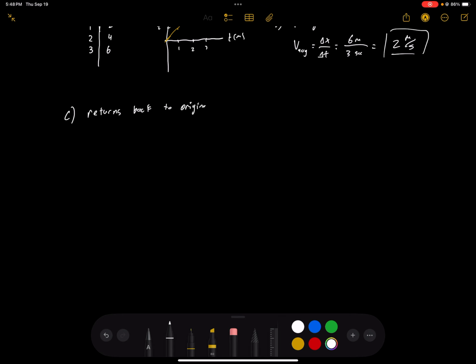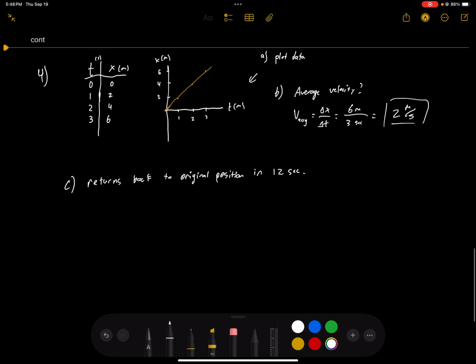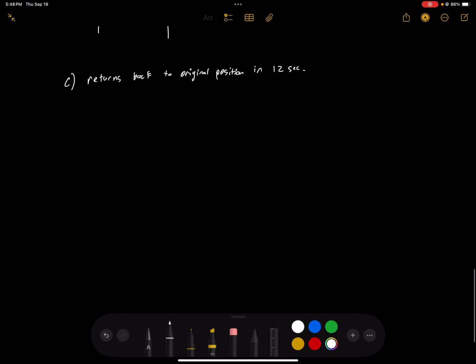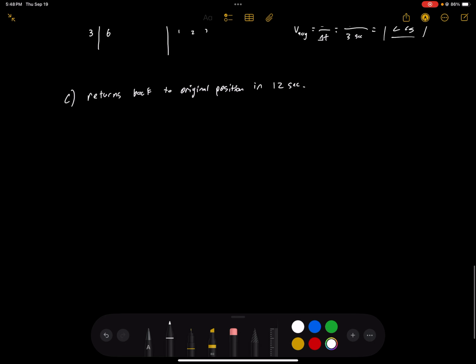So it returns back to original position in, let's say, 12 seconds. All right, so it took 3 seconds to get to 6 meters, and I don't know, so it ran out of batteries. All right, so it takes a long time for it to come back. I'm just coming up with some random example, but the idea is what's important. So it returns back to its original position in 12 seconds.